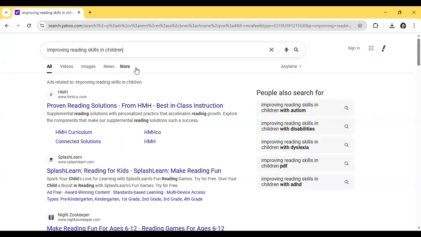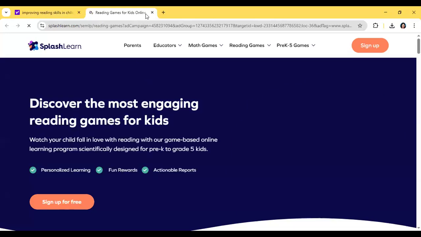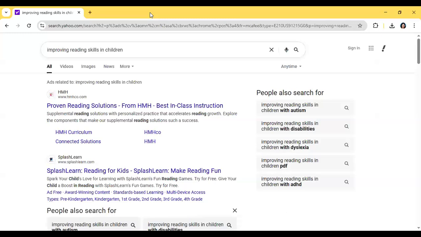Key findings are teaching skimming, scanning and prediction strategies improved students' comprehension levels. Research methodology, experimental study, pre and post test. Pre and post test is the evaluation they use to identify children. Okay.